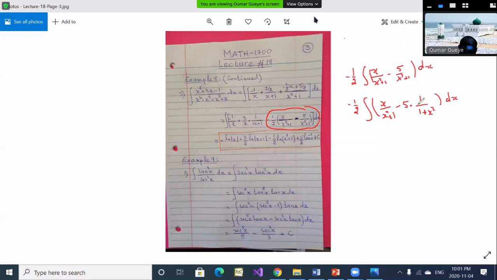So this is a derivative of tan inverse. So this we did it previously. It's just a 1 over 2. So we'll get here negative 1 over 2. So for this antiderivative we've seen before, we did it twice. It's just 1 over 2 ln of x squared plus 1 minus 5 times tan inverse.